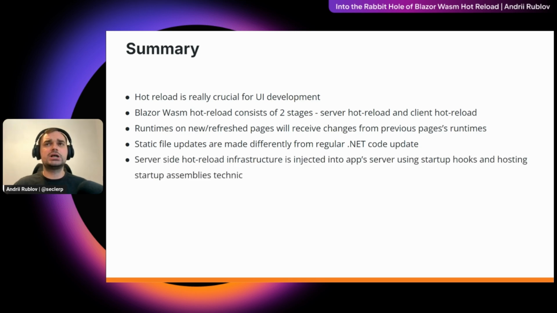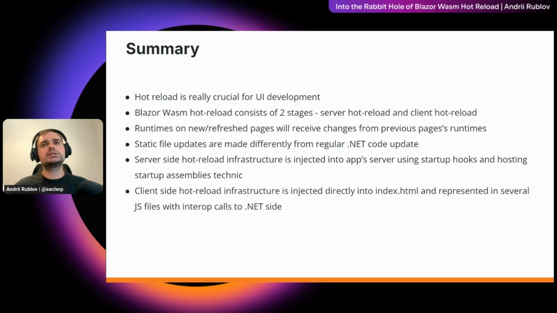Server-side hot reload infrastructure is injected into the app server using startup hooks and the hosting startup assemblies technique. So this is about modifying the client-side scripts and so on. And the client-side hot reload infrastructure is injected directly into index.html and represented in several JS files with interop calls to the .NET side. There is a lot of interop, coming firstly from .NET to JS, then again to .NET.